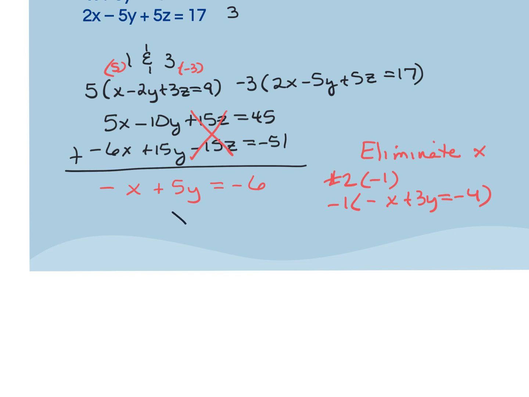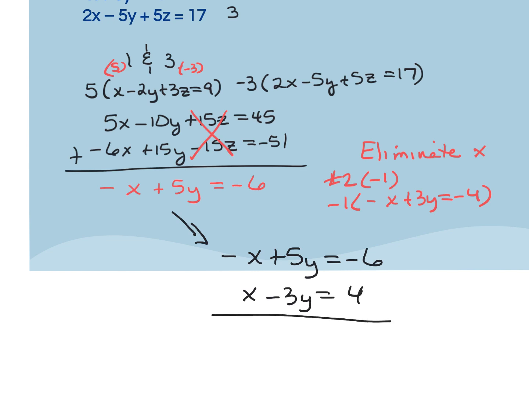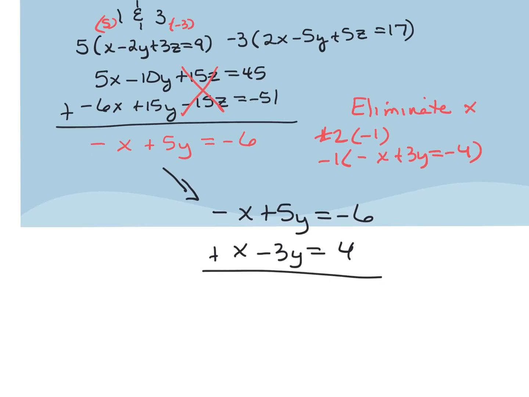So this one I'm just writing down, the newly formed one. I'm going to take my equation number 2, distribute the negative 1. And now I can add the two equations together. Once I add them together, the x's cancel.